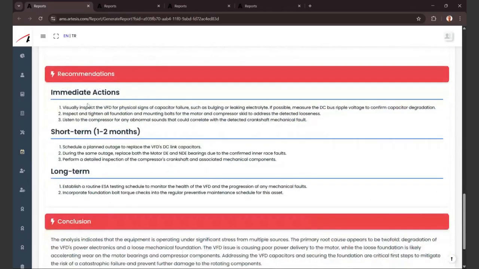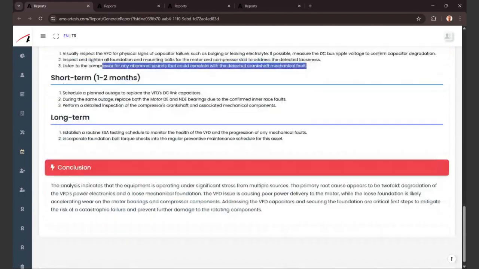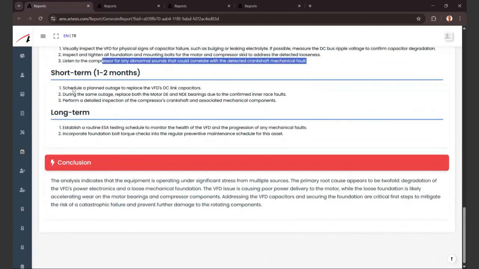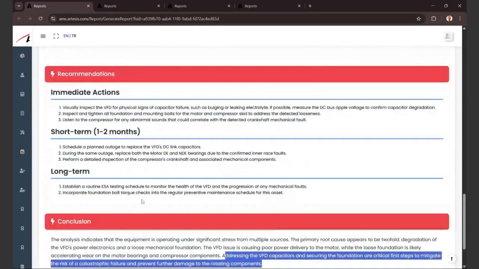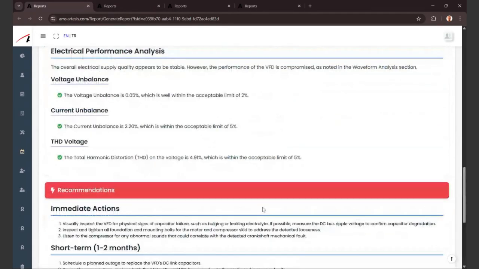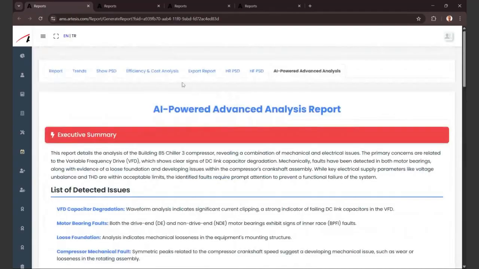And then recommendations, so immediate actions: visually inspect the VFD for capacitor failure, and also inspect and tighten the foundation mounting bolts for the compressor, and also check the mechanical issues on the compressor side. Short-term, long-term, and there's a conclusion here, which again tells you clear, actionable information. So that was the first report.